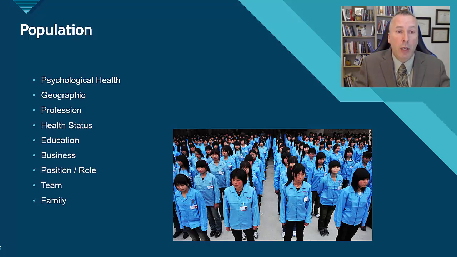Health status, similar to psychological health, but here we can consider health status as more of a physiological health status. It may be that we are looking at individuals, let's say, that are veterans. Maybe they were in a war, in a conflict, and they lost limbs. And so we want to look at perhaps the psychological impact of that type of trauma.